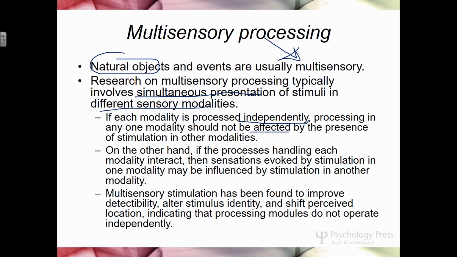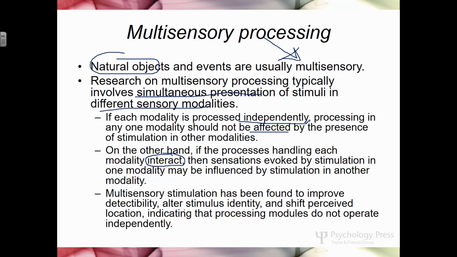So if vision and hearing are truly, completely, always separate, if I present a visual and an auditory stimulus to you at the same time, they should not interfere with each other, right? If they're constantly separate. Okay? But if there is some interaction somewhere, okay, then we might start to see some influence between these two different sensory modalities, right?